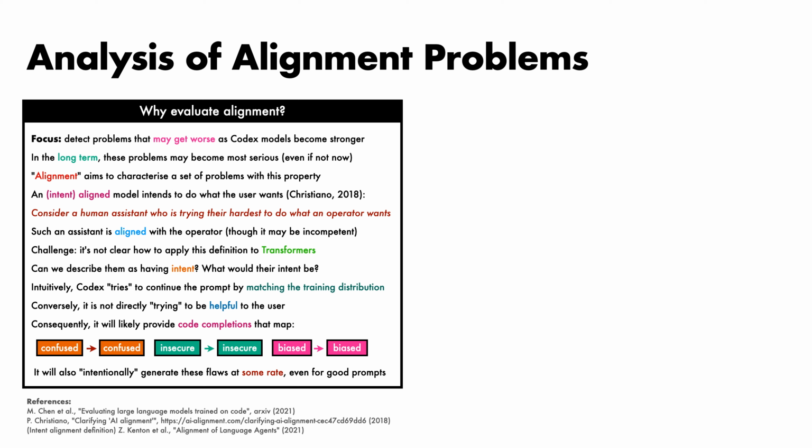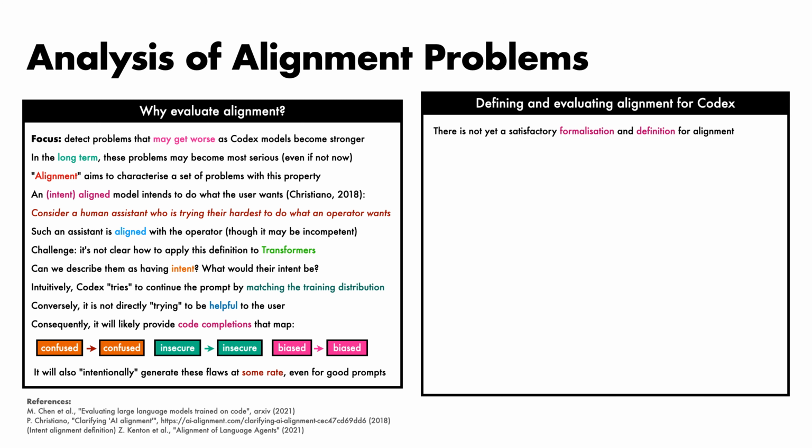Let's turn to the question of defining alignment for Codex, a challenging task given the complexity of the issue. Indeed, this is one reason why there is not yet a satisfactory formalization of this problem. The authors therefore make an effort to capture the intuitive idea of alignment in a way that can be experimentally evaluated as a tentative step in this direction.